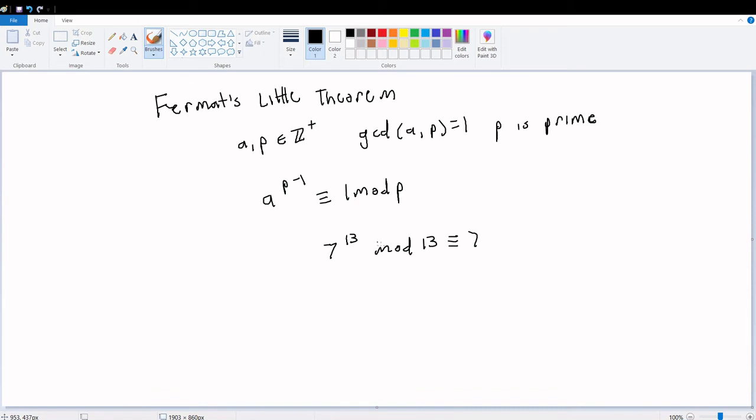So yes, you can do problems like this, and that's nice, but there doesn't really seem to be another purpose besides that. But I assure you that with this last theorem that we are going to go over, it's going to be a much more general statement of Fermat's little theorem, and this will truly help us in solving problems.